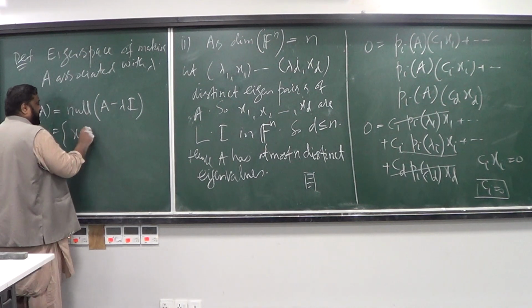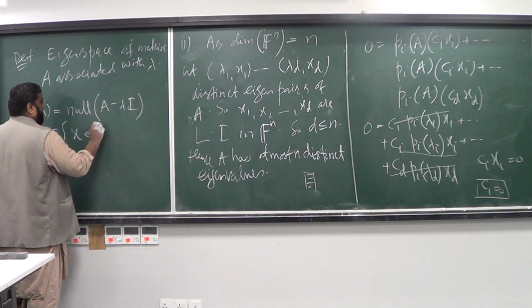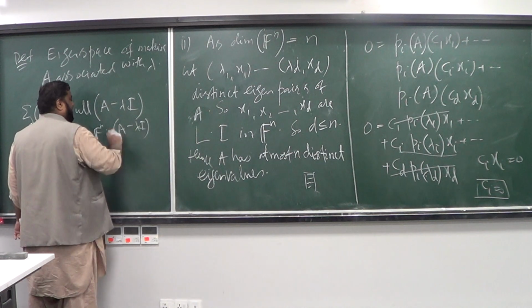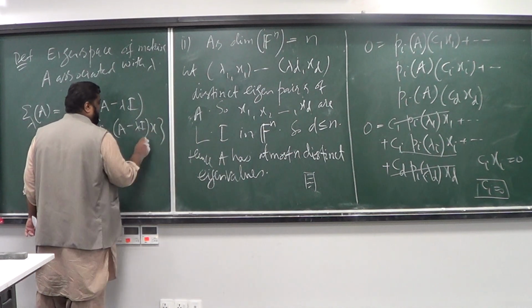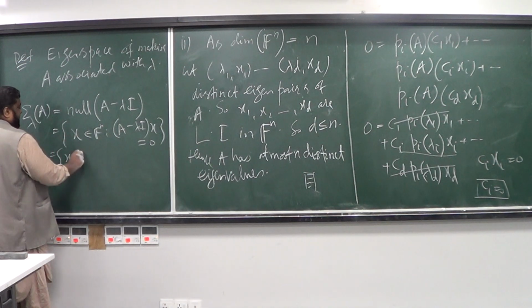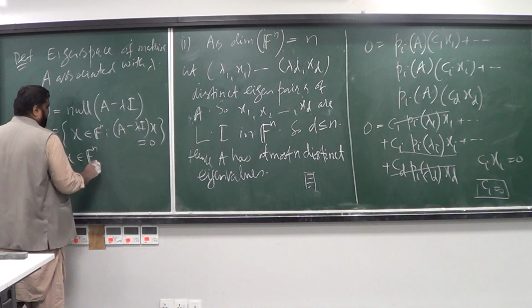It is the collection of the vectors X from Fn such that when A minus lambda I operates onto X, it gives 0, where X belongs to Fn.